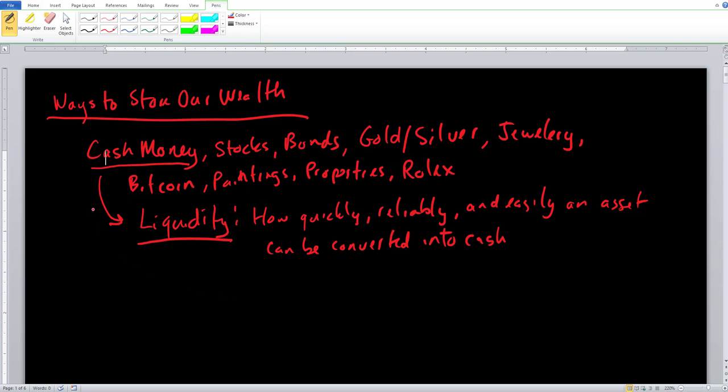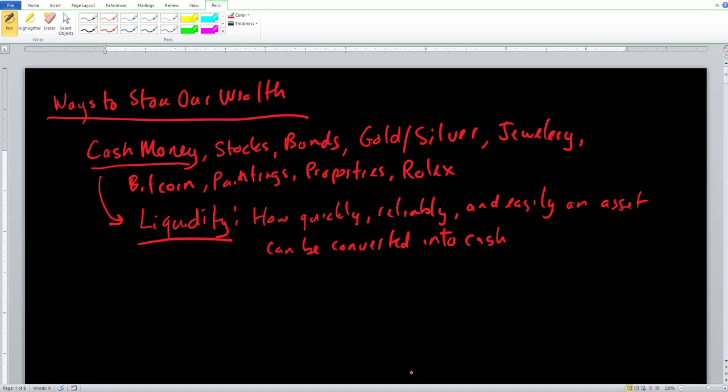Because cash money is seen as the most liquid type of money, this is the main characteristic that it holds over any other type of financial asset, which is why a lot of people like to hold cash money as some type of wealth, even though it doesn't generate a lot of return or a lot of interest.